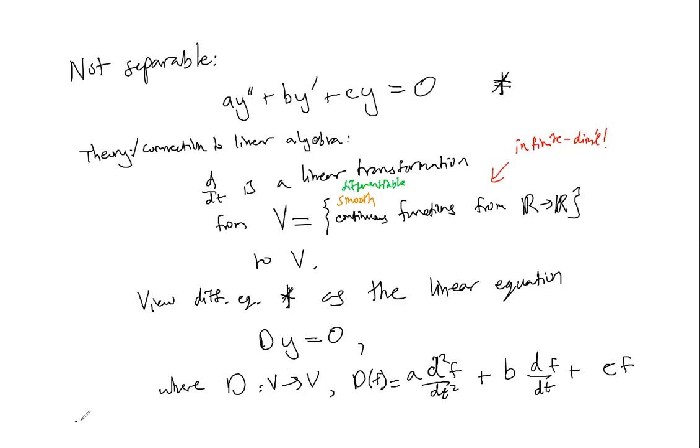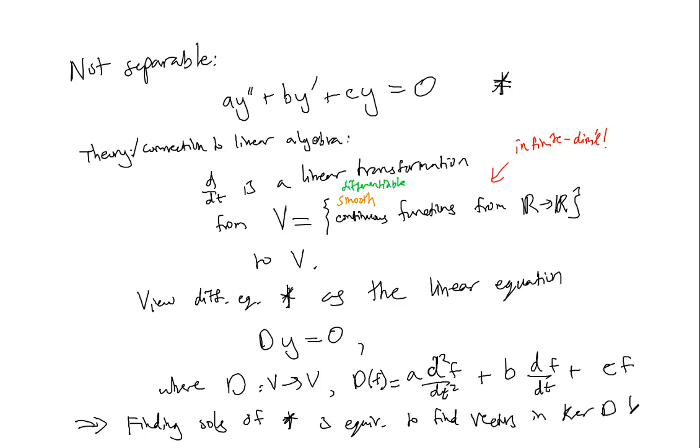And the point is, finding solutions of star is equivalent to finding vectors in the null space of D, the kernel of D. Right?